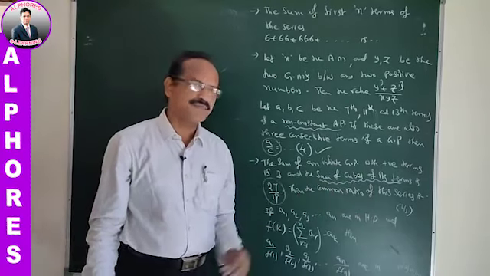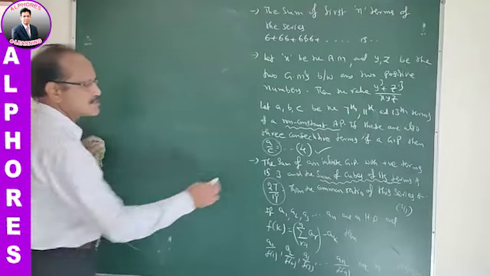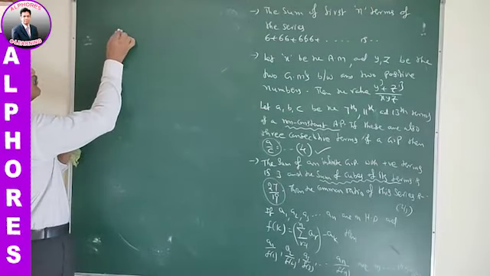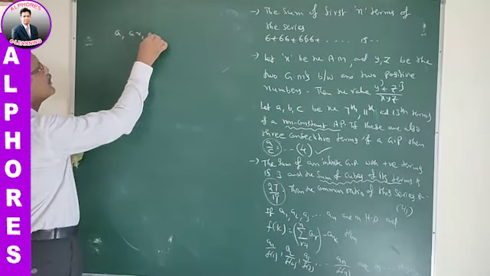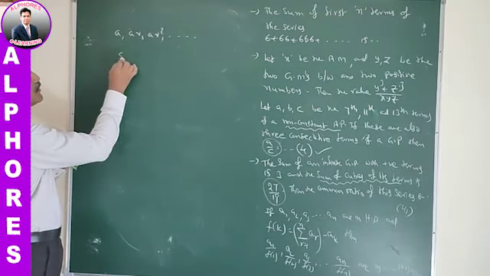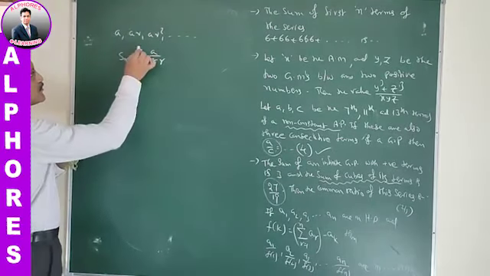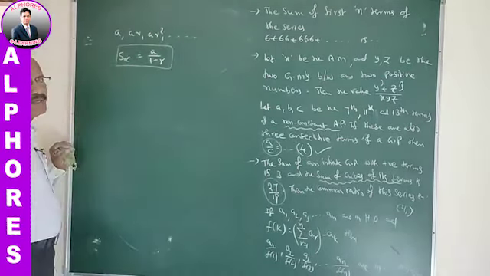Then the common ratio of this series is... let the GP be A, AR, AR square, like that. The sum of infinite terms of a GP is given by the formula A by 1 minus R, the formula for the sum to infinite terms of a GP.